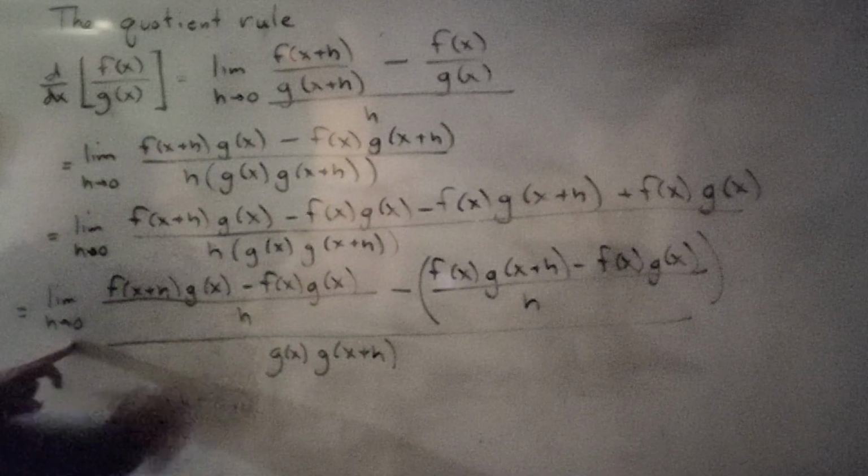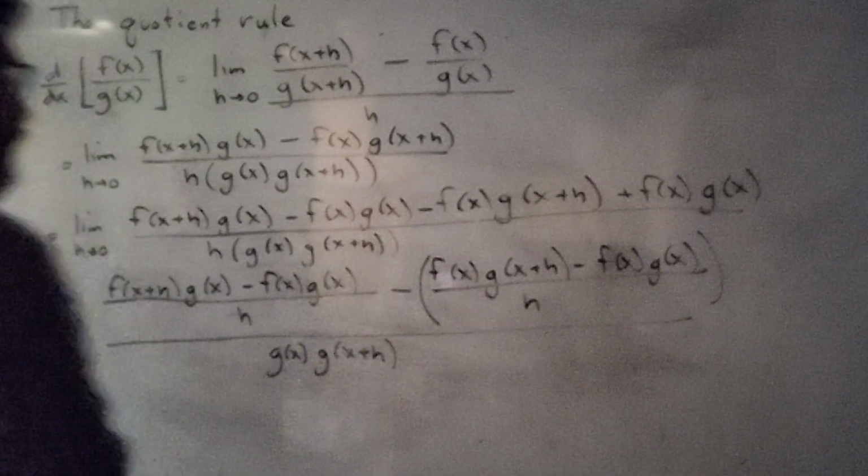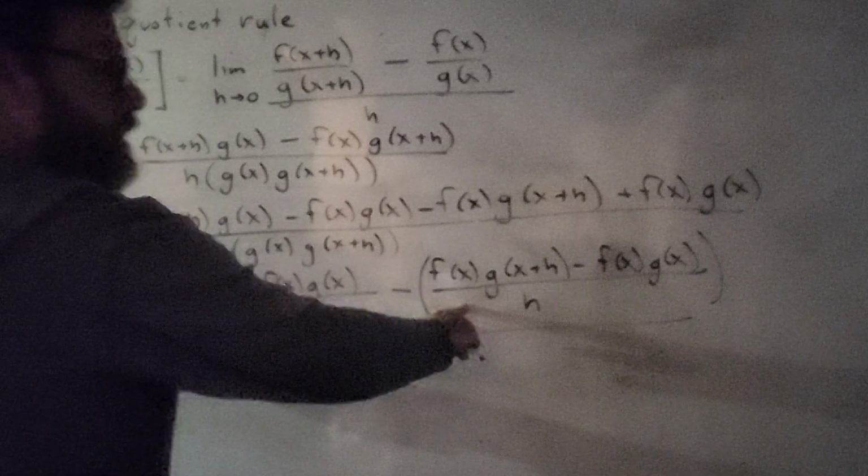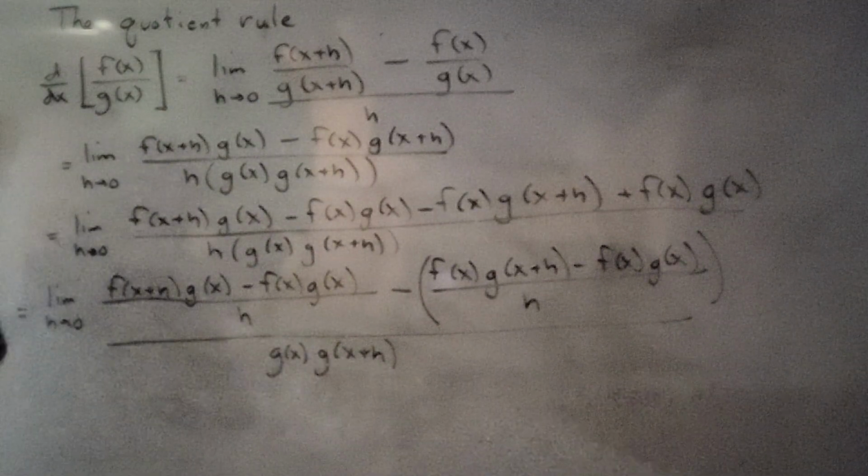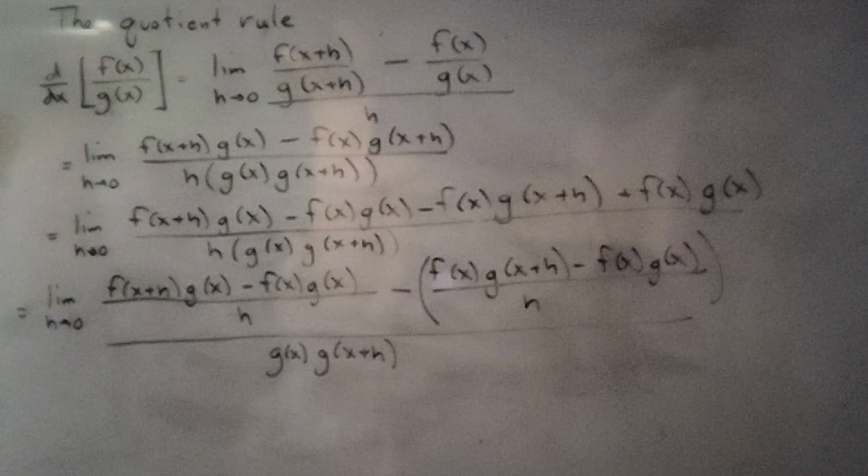Knowing that, you can take the limit of every single term: the limit of the difference is the difference of the limits, and the limit of the quotient is the quotient of the limits. So I can send these limits all the way through.